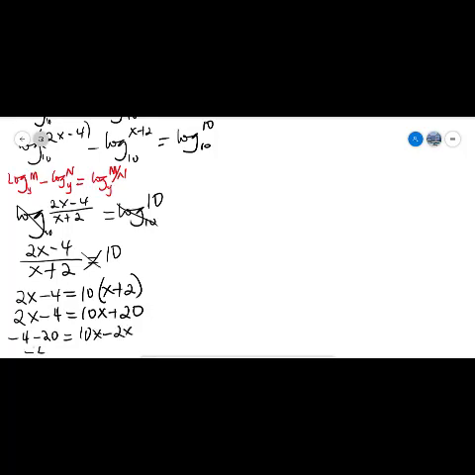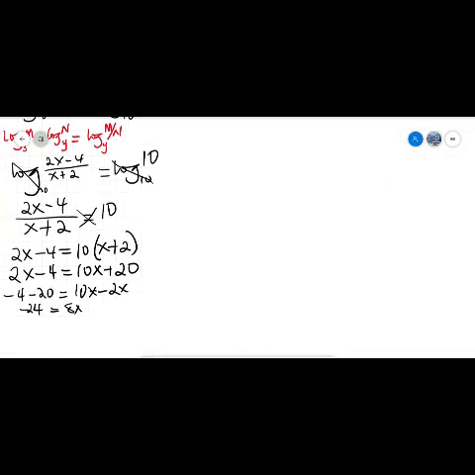We have minus 24 equals 8x. If we divide both sides by 8, we would have that x is minus 3. And so as you can see, it's not really that much of a big deal.